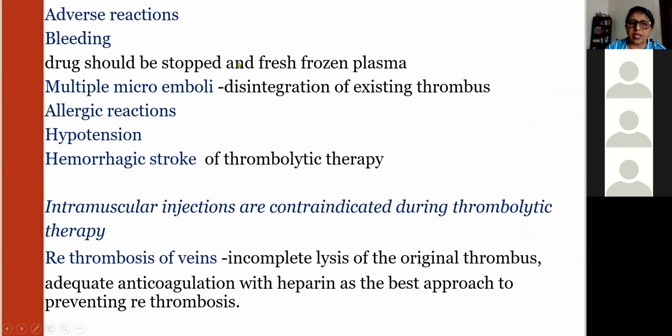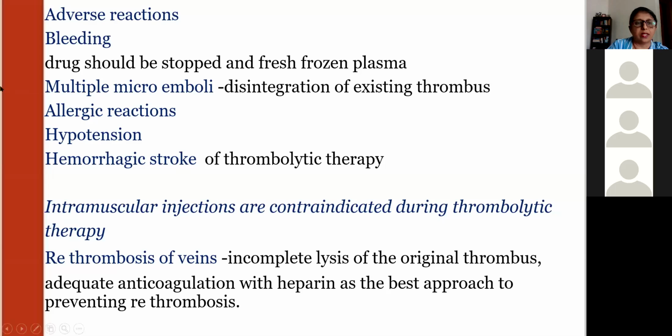Now, adverse reactions, again, are self-explanatory. All these thrombolytic drugs can cause bleeding, and if it occurs, we have to give fresh frozen plasma. Then microemboli can occur, because fibrinolytics lyse the thrombus and sometimes there is disintegration, spilling of the thrombus as microemboli.